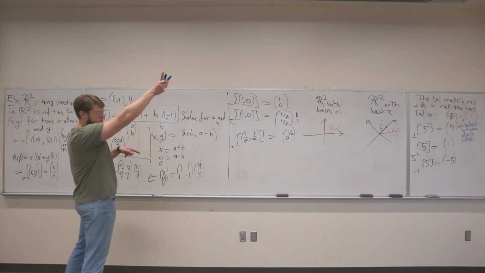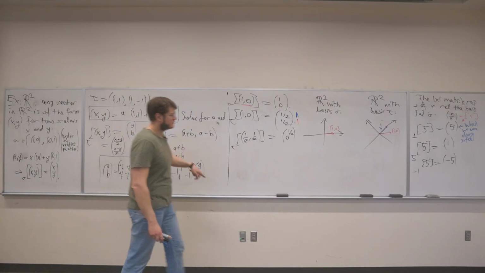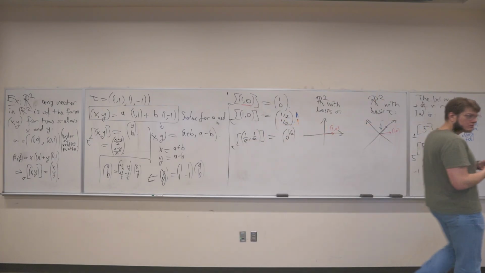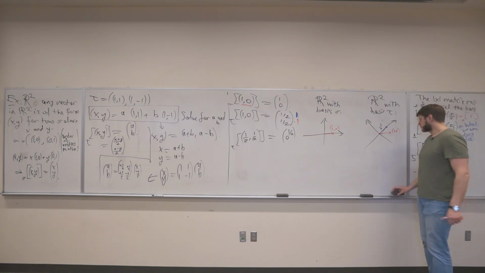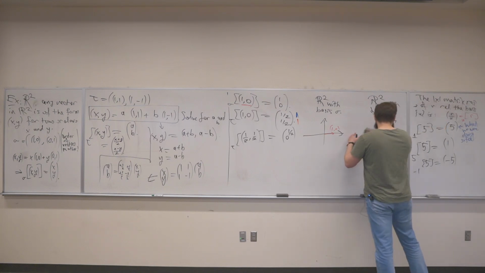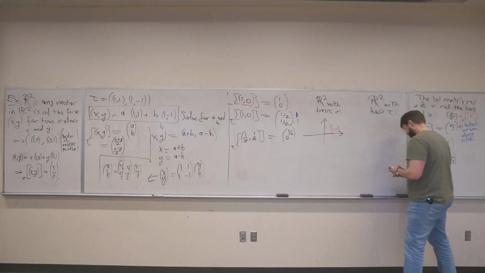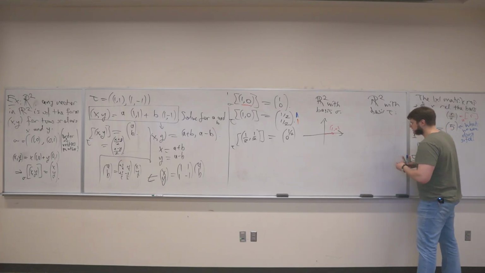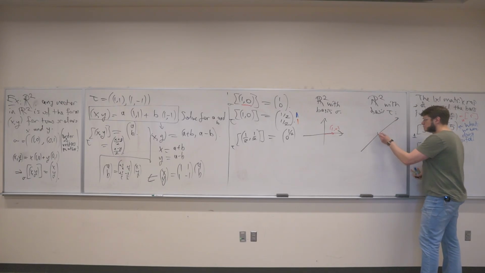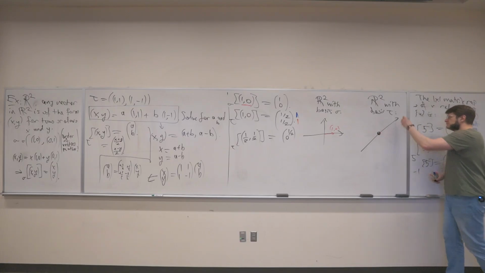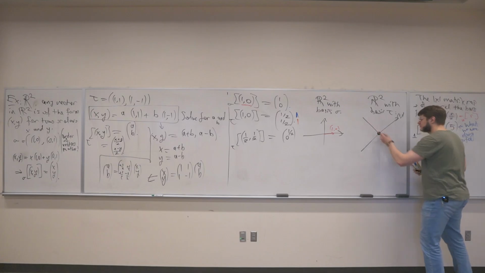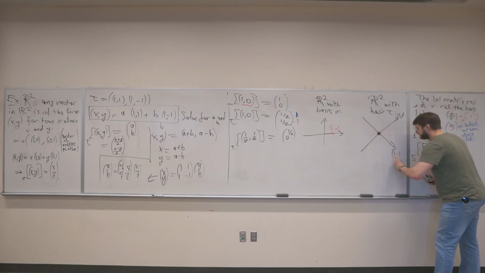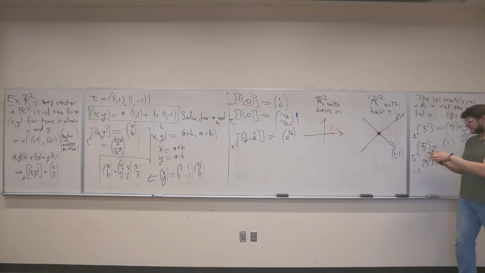So 1, 1 points that direction, 1, minus 1 points in that direction. And yeah, down. It should be in this way, I thought. Oh, yes, okay. Let's be a little bit more clear then. 1 comma 1. This is in this direction. Very good, thank you. I put the arrows wrong.